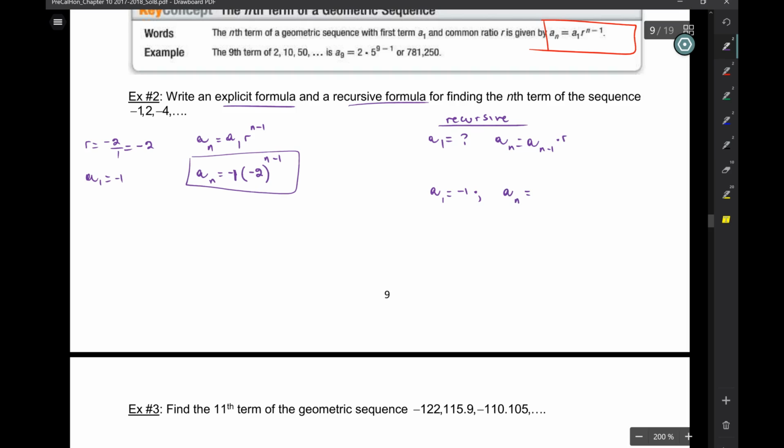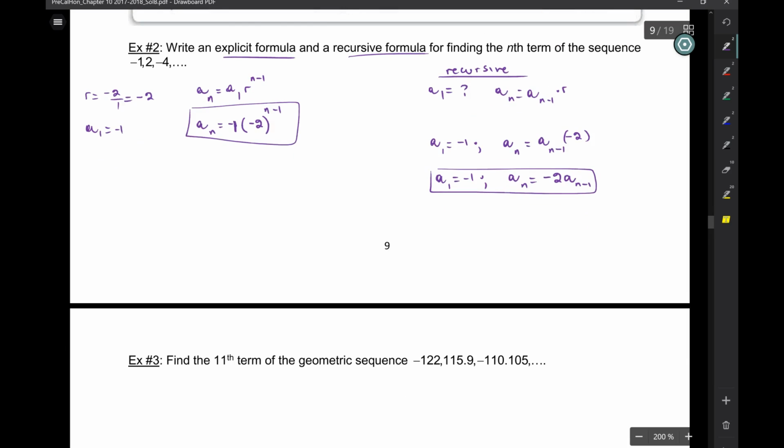So AN is going to be AN minus 1 times negative 2. But that doesn't look nice, so let's make it look nice. AN is equal to negative 2 AN minus 1. Okay, so that's telling you how to get the next one based on the previous one. Why is it negative 2? That was the R.